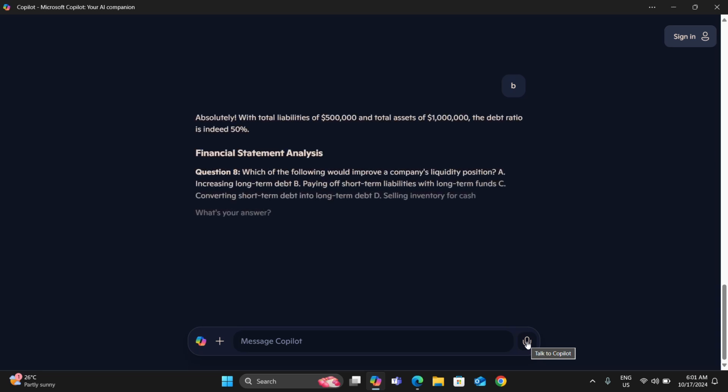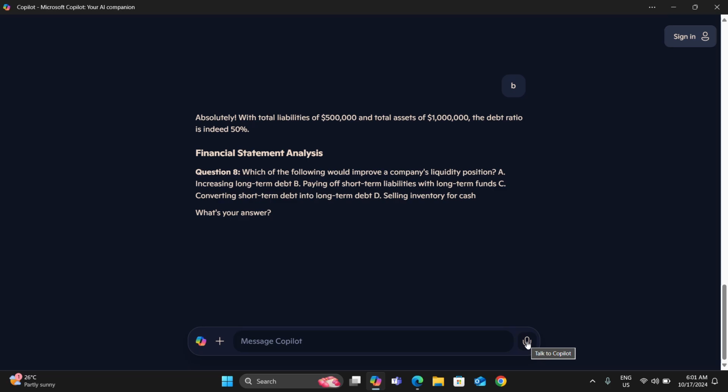Next, which of the following would improve the company's liquidity position? Again, the liquidity is the company's ability to satisfy its short-term obligation. If you increase your long-term debt, it doesn't follow that you are improving your liquidity position, because if you analyze the formulas for liquidity, it does not concern any long-term debt.